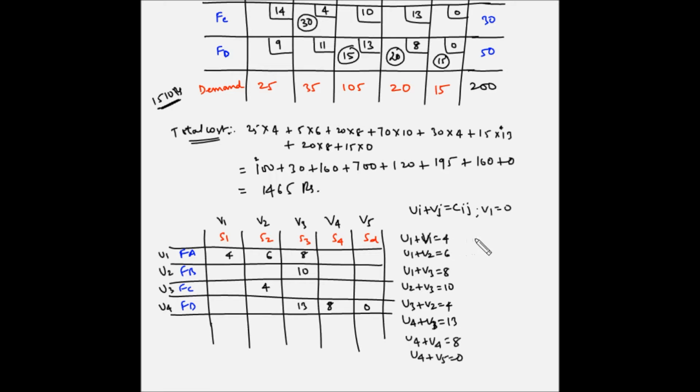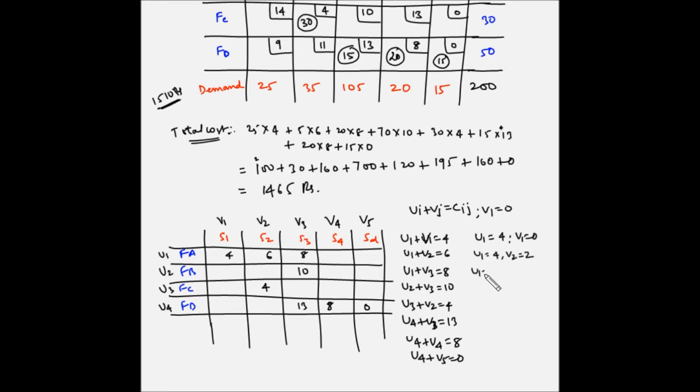v1 is 0, so u1 becomes 4. Now u1 is 4, so v2 becomes 6 minus 4, which is 2. Now again substituting u1 in this equation, 4 plus v3 is equal to 8.